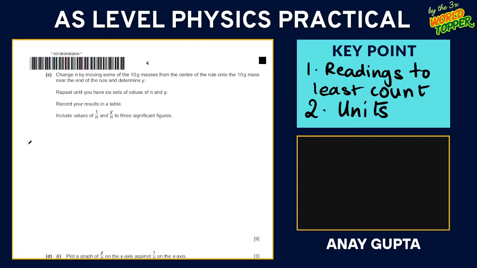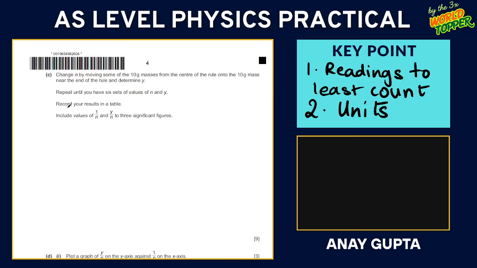Now, if we read the question very carefully, it starts with change n. That signifies that n is our independent variable, and it ends with determine y, which means we have to measure y. So that makes y our dependent variable.